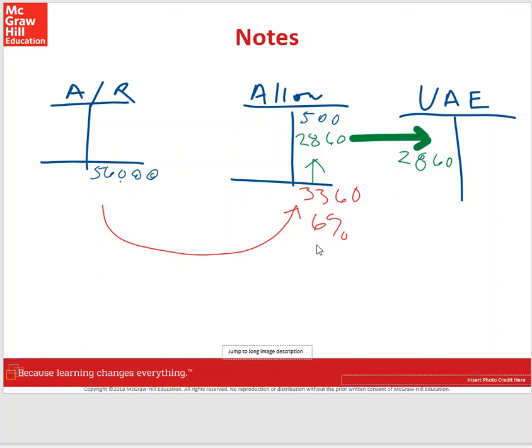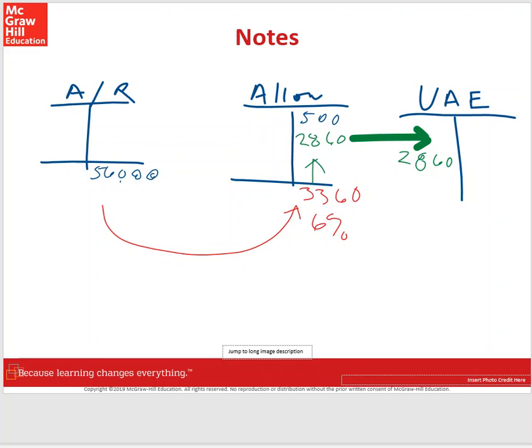We think a certain percentage of our accounts receivable won't be collected, not a percentage of how much money we made that year, but just overall of our accounts receivable. So they think 6% won't be collected, and therefore they want to have an allowance in place of 6% of that, meaning 3,360. Well, if there's already a beginning balance in allowance of 500, then the amount that we need to expense is just the difference in between, 2,860.